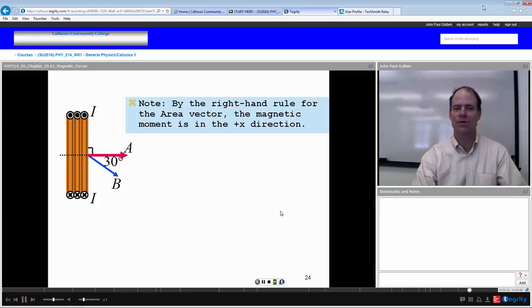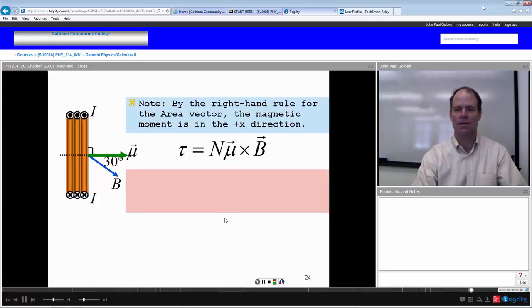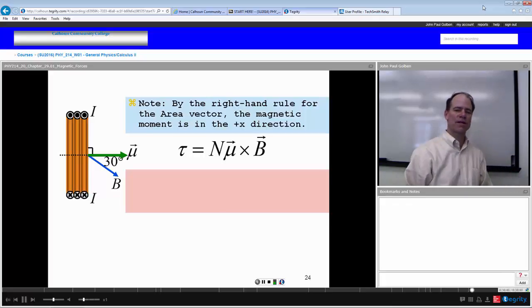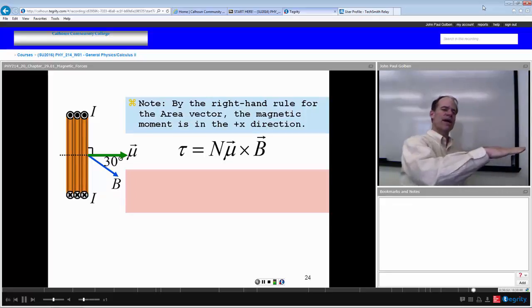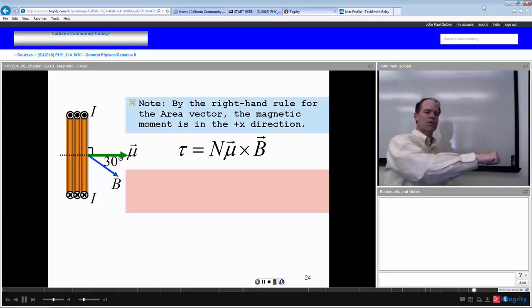By the right-hand rule, the magnetic moment is in the direction of the area vector. If we calculate the cross product between the area vector, or the moment, and the magnetic field, we end up pointing in the direction of the moment crossed with B. Our torque vector would actually be into the page.